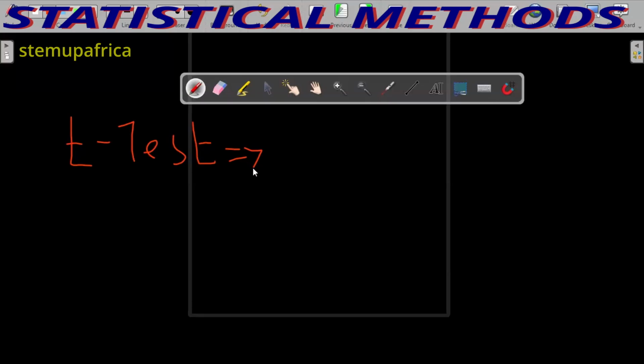Then the ANOVA, you can write them. Number 2 is the ANOVA. Let me just write it.